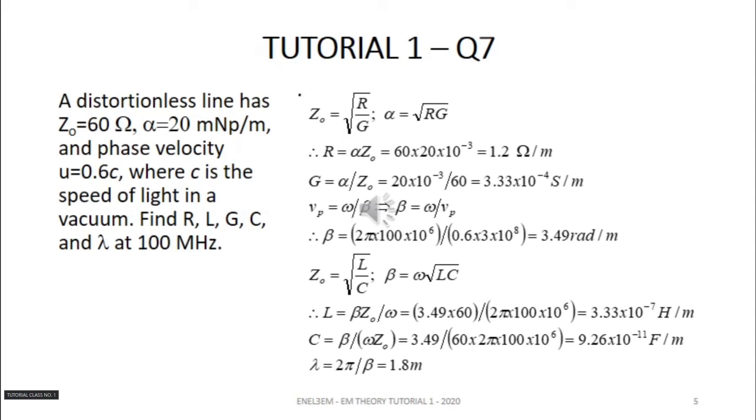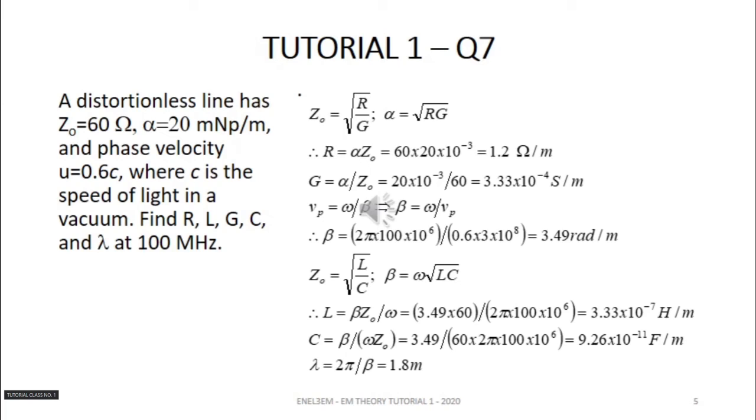Remember, Z naught is square root of R over G, which is the same as square root of L over C, because for a distortionless line, R over G is equal to L over C. And therefore, when you multiply beta with Z naught over omega, you get your L, and therefore your L then becomes 3.33 times 10 to the minus 7 henries per meter.